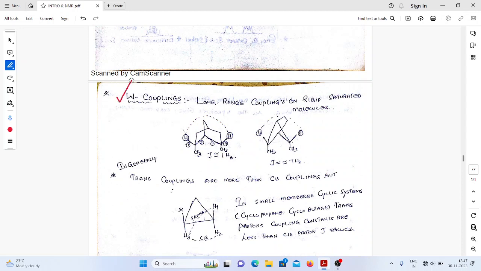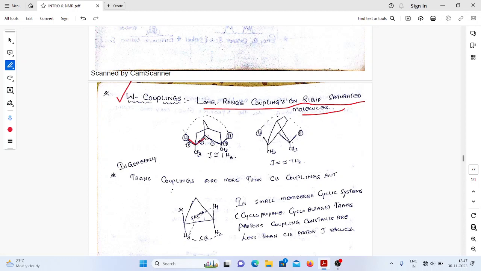Next, W type couplings. The long range couplings on the rigid saturated molecules are commonly called W coupling. What is the name? Long range couplings on the rigid molecules. This kind of situation we are going to observe in bridged cyclic compounds, norbornene systems in general.